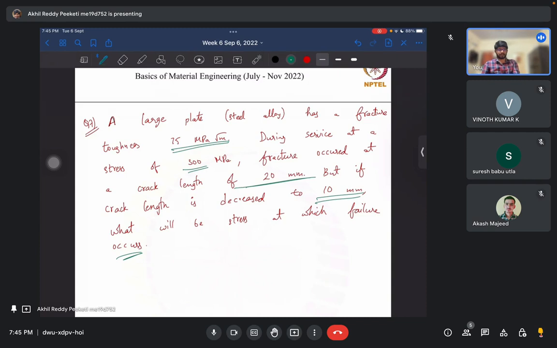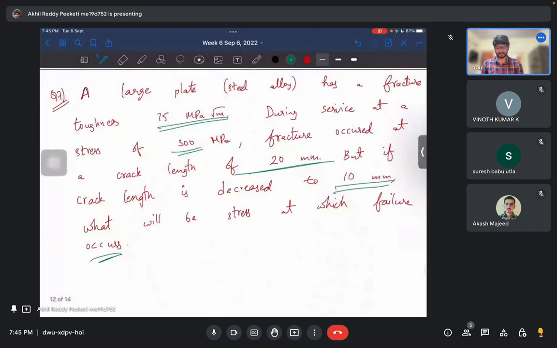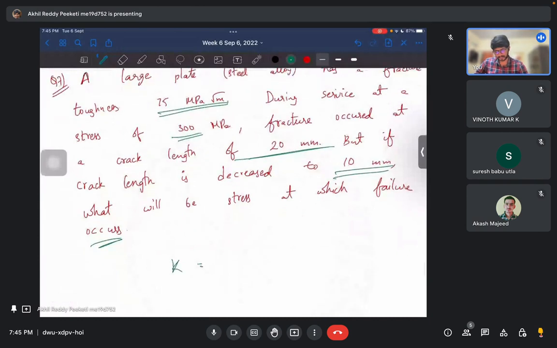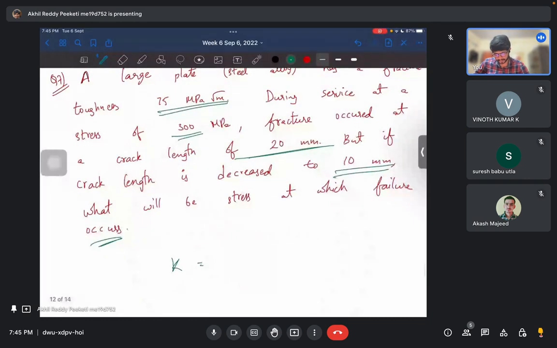So there is something called the stress intensity factor. This is using that because of the crack and the corresponding fracture. The stress intensity factor K, or this fracture toughness, you can estimate as sigma beta into root pi a.